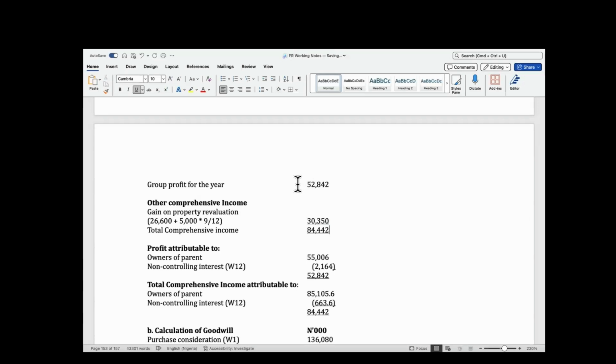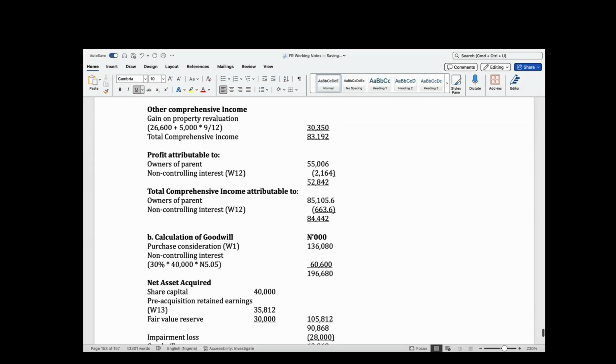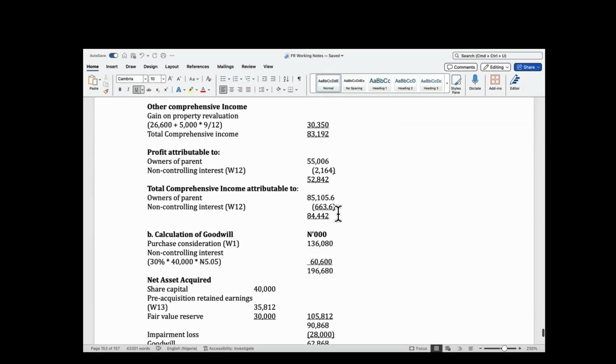Okay. So let's add it to the group profits to get the total comprehensive income. 83,192. Let me do it: 3,192 plus this 6 is 3.6. $83,855.